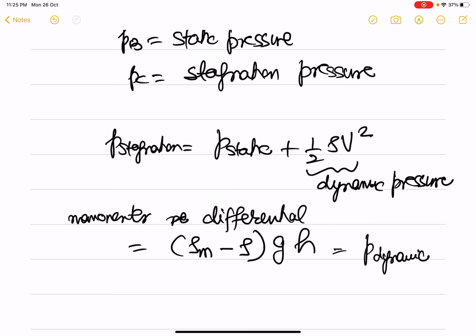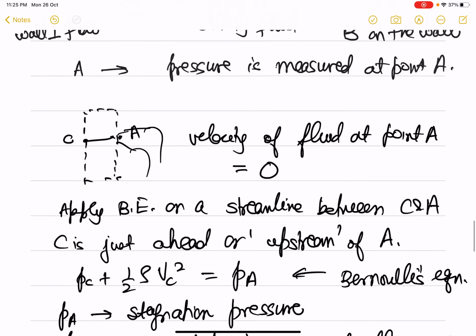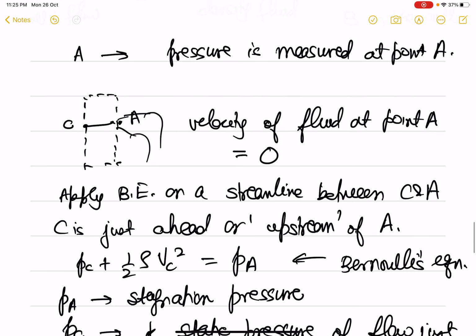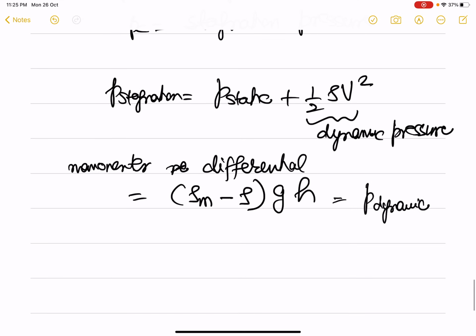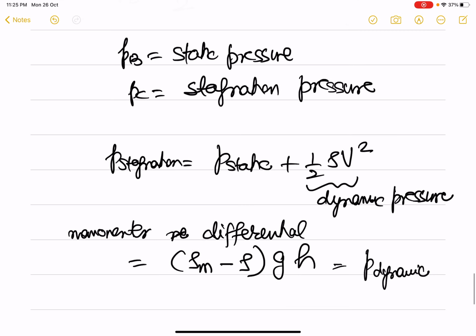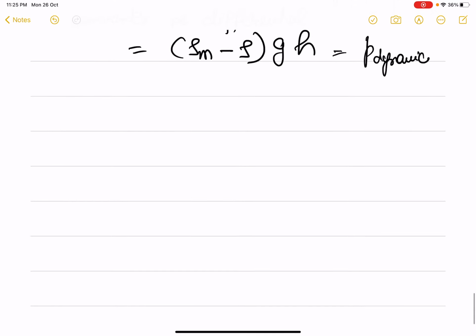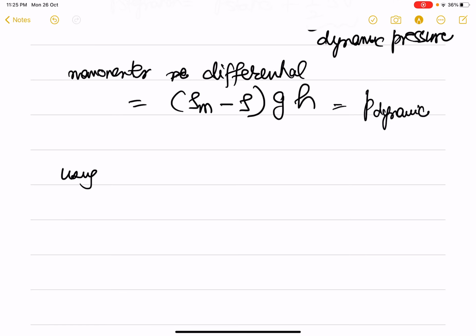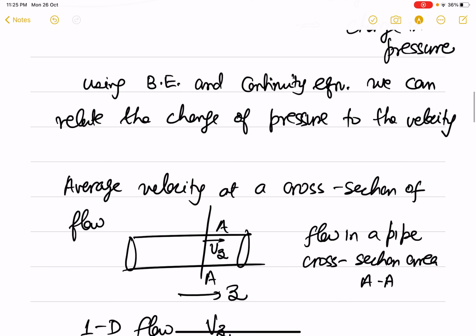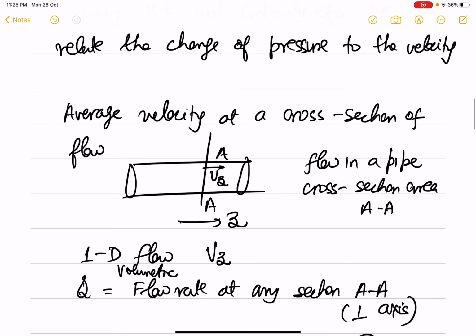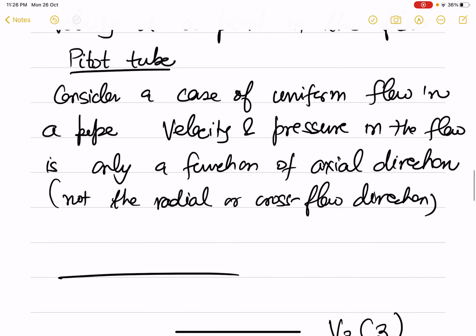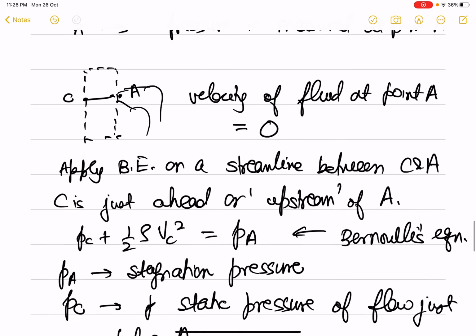This is how we define dynamic pressure and static pressure. So basically, if we put in a pitot tube and measure the pressure difference between the 2 points, we can directly correlate it to the dynamic pressure and hence to the velocity at that point. So using this, we can measure velocity at point A.